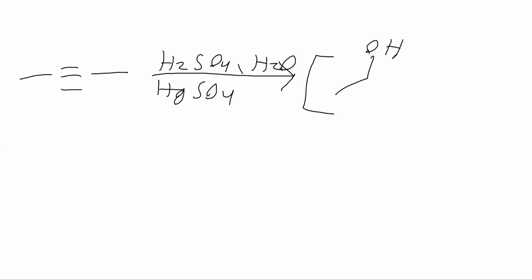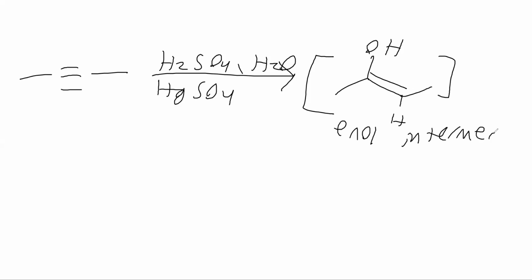It forms an enol as an intermediate. So this is an enol intermediate. And it's called an enol because ene is for alkene with the double bond, and then ol because alcohol. So that's where the name comes from.